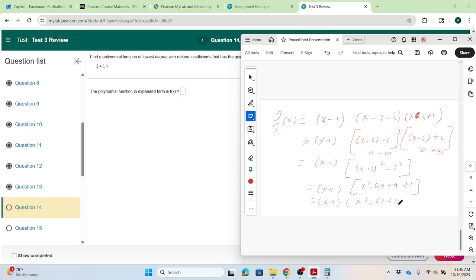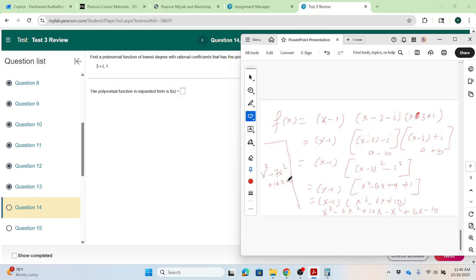You multiply by x, which would be x cubed minus 6x squared plus 10x, minus x squared plus 6x minus 10. So if you combine this x squared and this x squared, it would be x cubed minus 7x squared plus 16x minus 10.